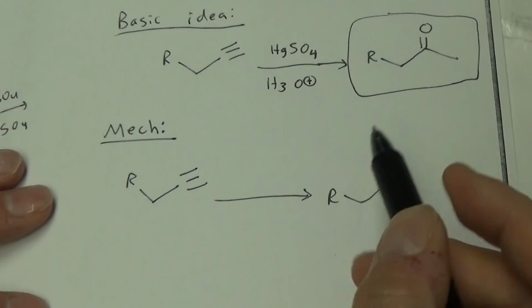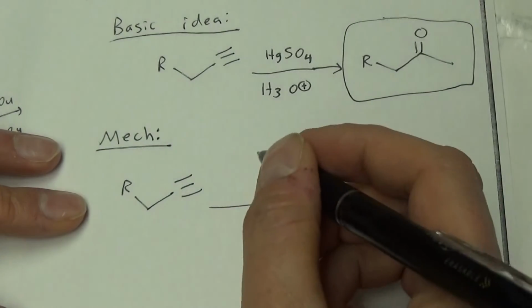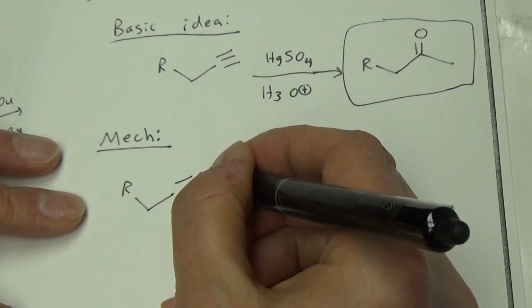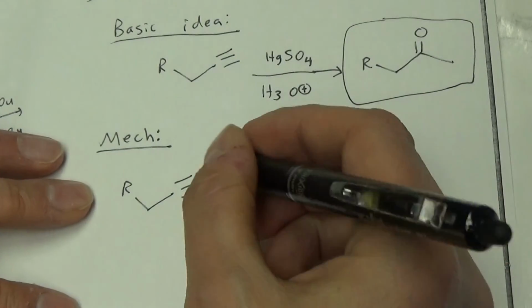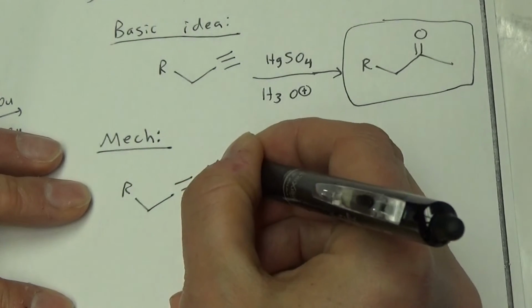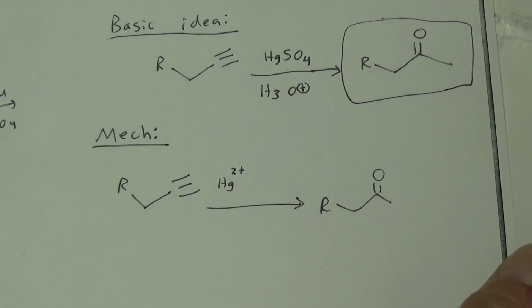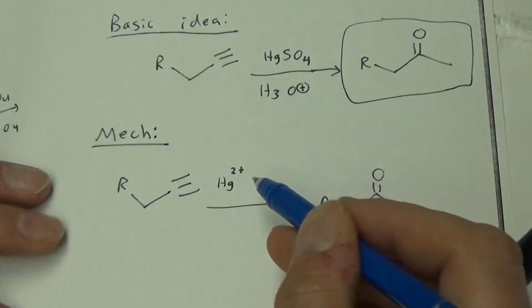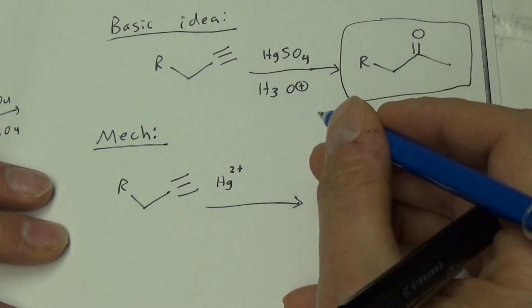I'm also going to redraw the sulfate in a manner that I think really helps in the mechanism. Of course, mercury sulfate is Hg2+, so I'm going to draw Hg2+. Cool so far? That means there's a positive 2 charge, and that means on the sulfate there's a negative 2 charge.